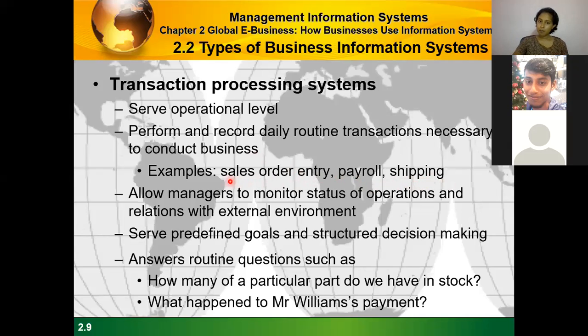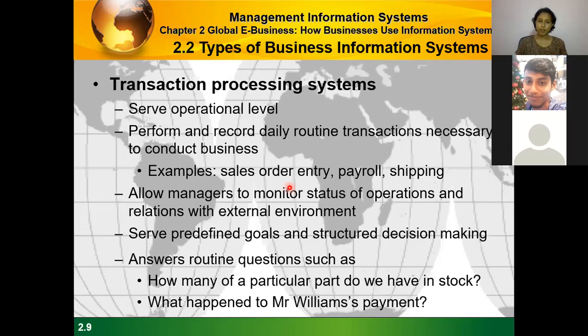But even for a small scale organization, an example like sales order entry happens daily, right? Sales transactions happen daily, so you have to enter those transaction details into the system daily. So the transaction processing system helps to fulfill these kinds of transactions happening within a business organization, right?